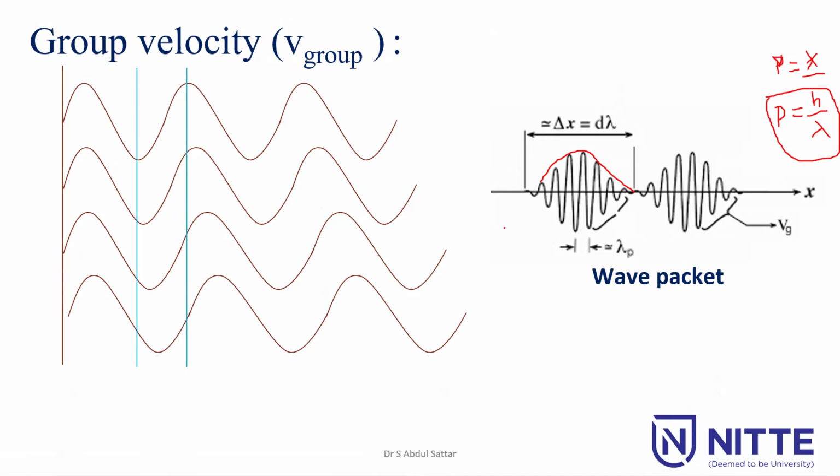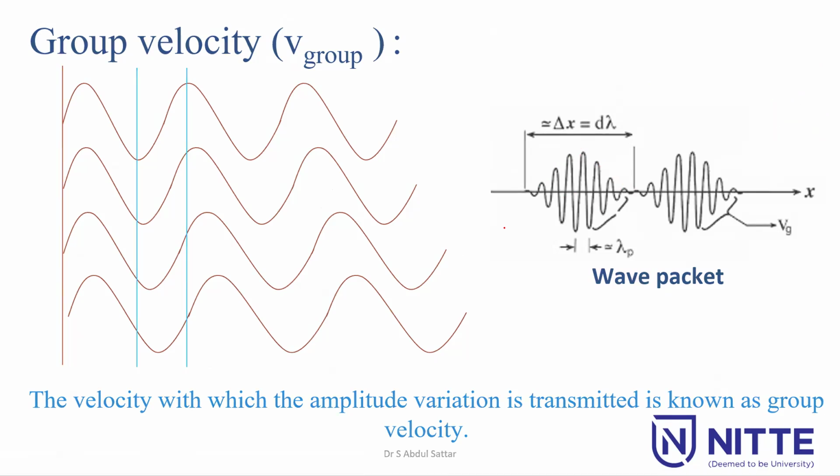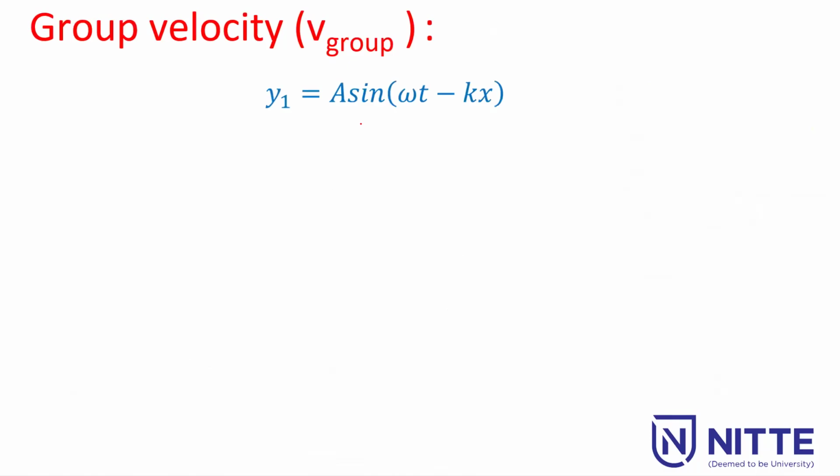To obtain the formula for this, let us consider two or more waves which are slightly different in wavelength, meaning slightly different in frequency, because wavelength and frequency are related: frequency equals the velocity of the wave by the wavelength. So let us take two waves which are slightly different in wavelength. Take y1 equals a sin(omega t minus kx).